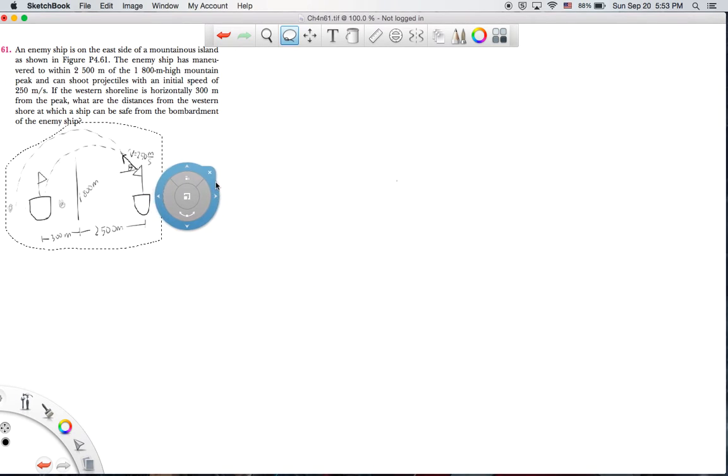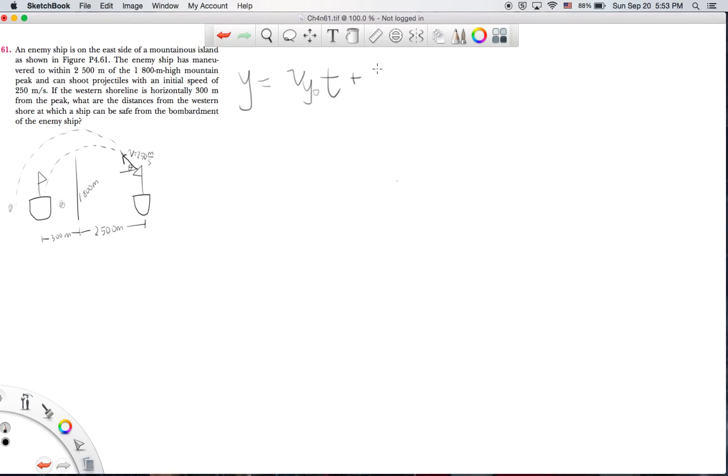So first, we want to use some kinematics. The ones that we're going to use are y equals vy initial t plus 1/2 gt squared, and x equals vx initial t because there is no acceleration in the x direction.